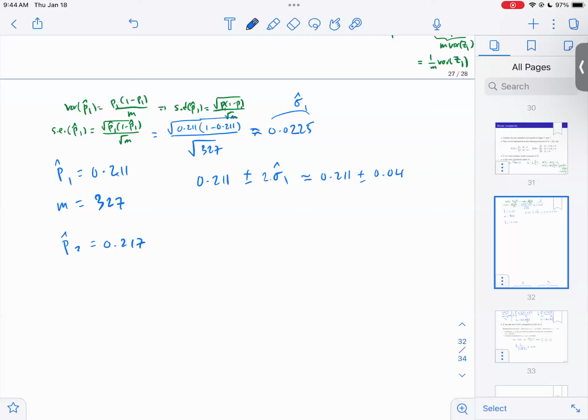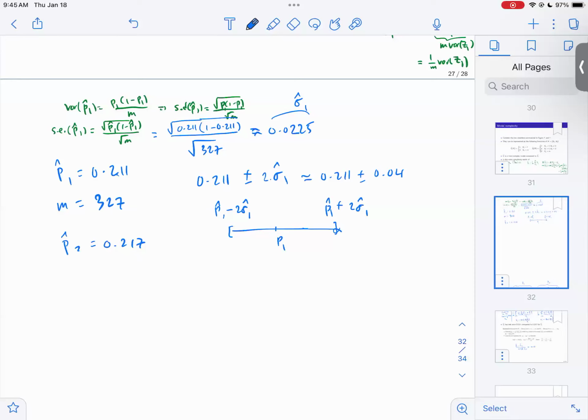It's like saying I detect P1 is here, and my interval is P hat 1 plus or minus 2 sigma hat 1. So we're assuming P1 is here, but really P1 could be here.